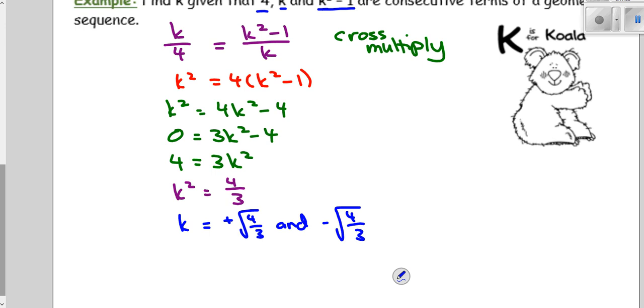I divided both sides by 3, to solve for k. Okay, yeah. You could have used the quadratic formula, but when it's something like this, it's not a difference of squares anymore. So I just go straight to solving it this way. You can also do the quadratic formula, where a equals 3, b equals 0, and c equals -4.